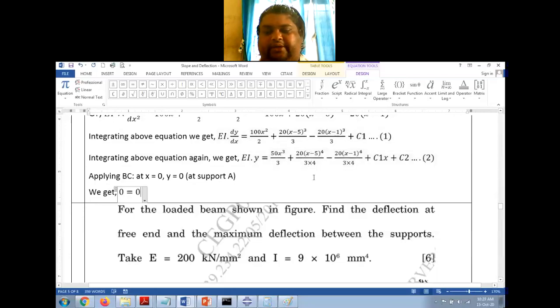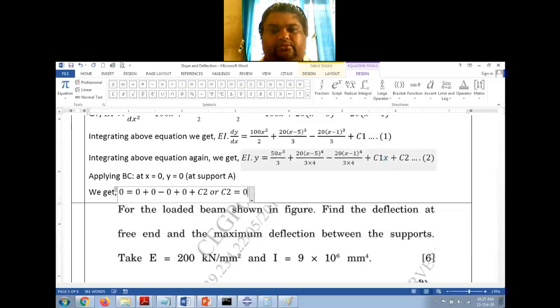So this is again becoming 0 minus 0 minus 1. So that is also negative, minus 0 plus C1x. X is 0, so this will also be 0 plus C2, or C2 is equal to 0.